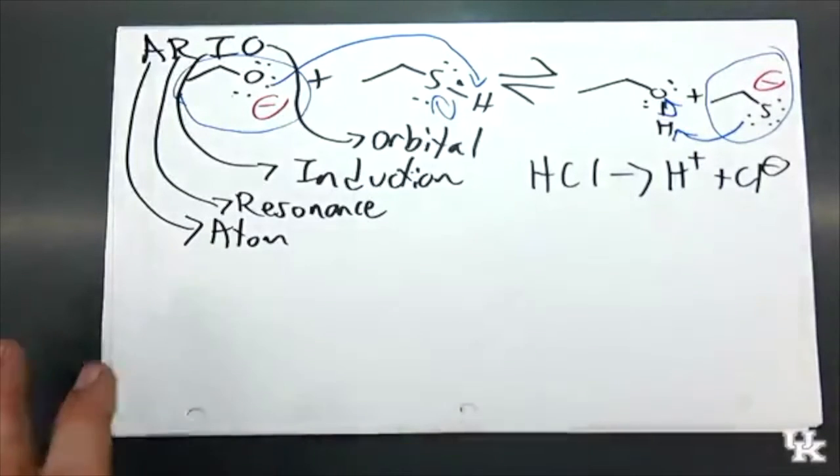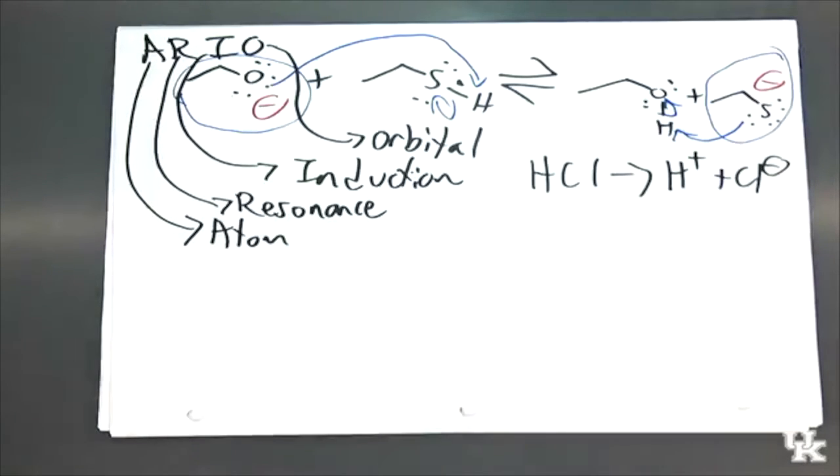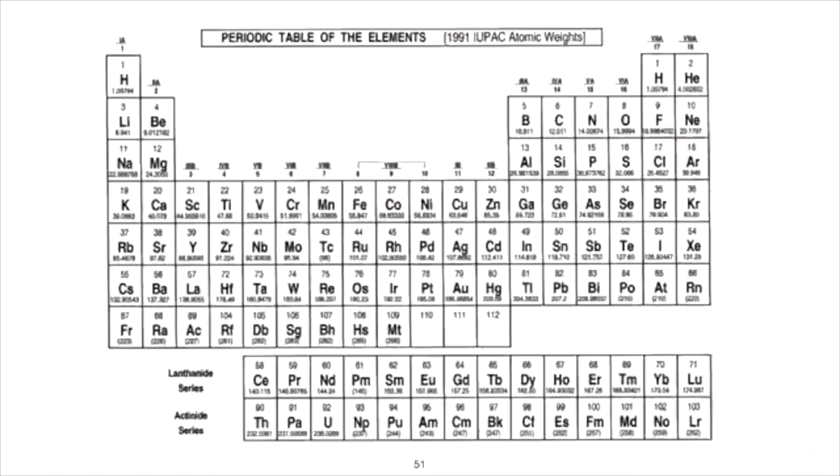So the first one we'll look at is atom. And basically what that says is, follow electronegativity rules, and the atoms to the right are going to be the most acidic, and atoms going down are going to be the most acidic.